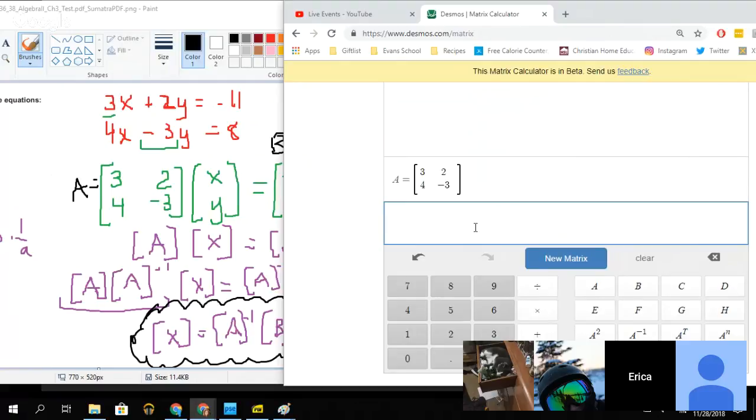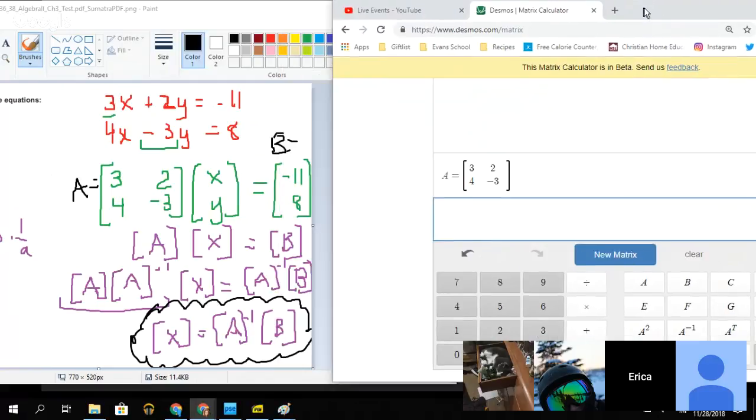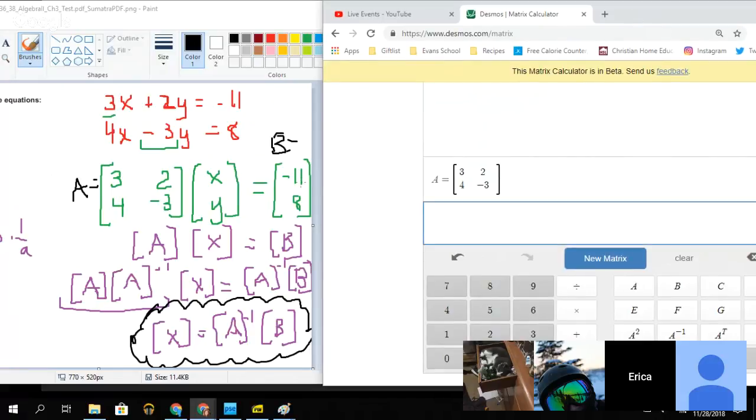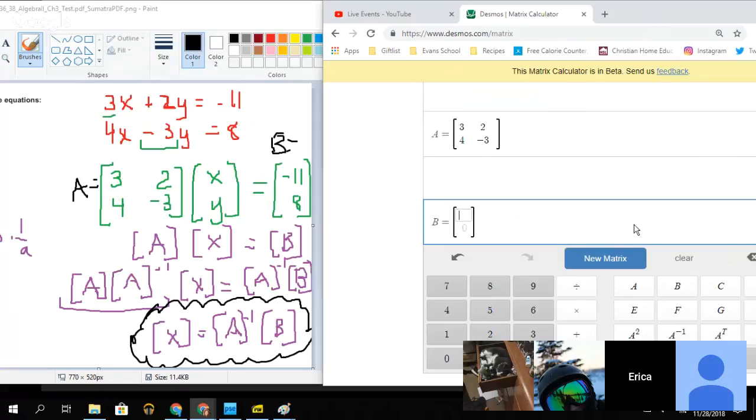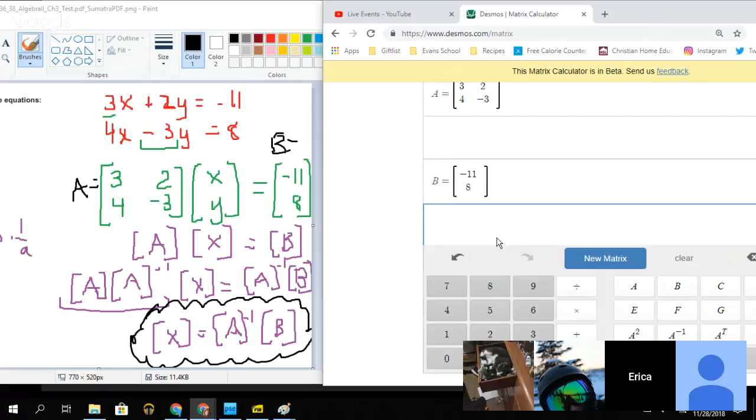Okay, so that's your first matrix. B is a 2 by 1 matrix, so we put a new matrix in, and B is -11 and 8. So now we've told Desmos, or our TI, what our two matrices are. So now it knows what they are.